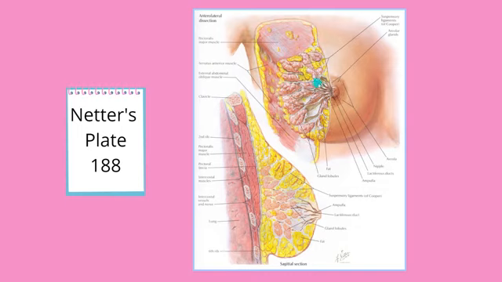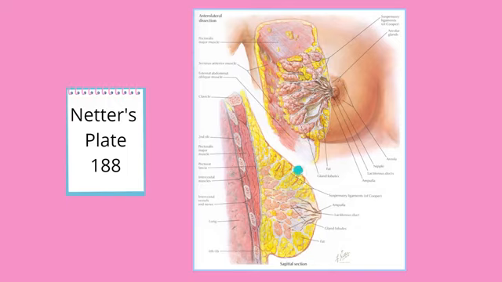They each have their own lactiferous duct, and they all open separately at the nipple. They are all separated by these fibrous septa, the suspensory or Cooper's ligaments, that go from the fascia of pectoralis major all the way to the skin.